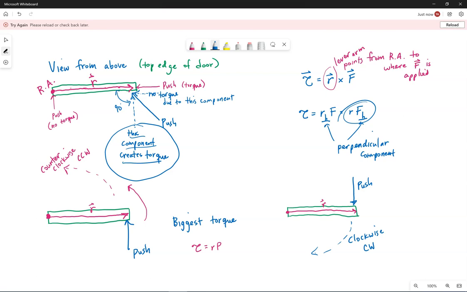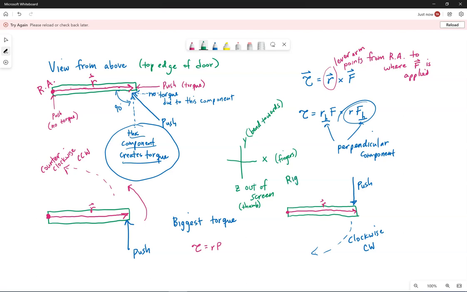Now, technically, this is tied to our coordinate systems. If we have just a typical Cartesian coordinate system where X is to the right, Y is up, Z would come out of the screen. That is called a right-handed coordinate system, meaning if I take my right hand and put my fingers in the direction of X and bend them towards Y, then my thumb represents the Z-axis, coming out of the screen.